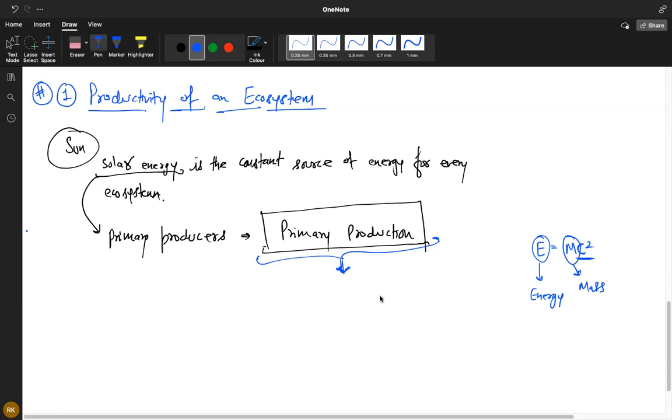So primary production is defined as the amount of biomass, or organic matter, which is produced in nature per unit area, per unit time.